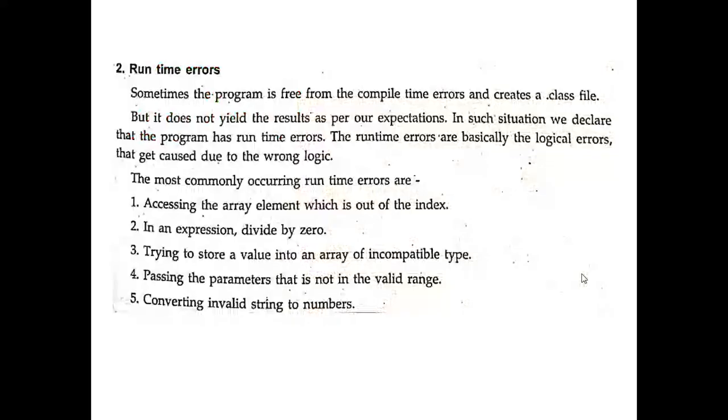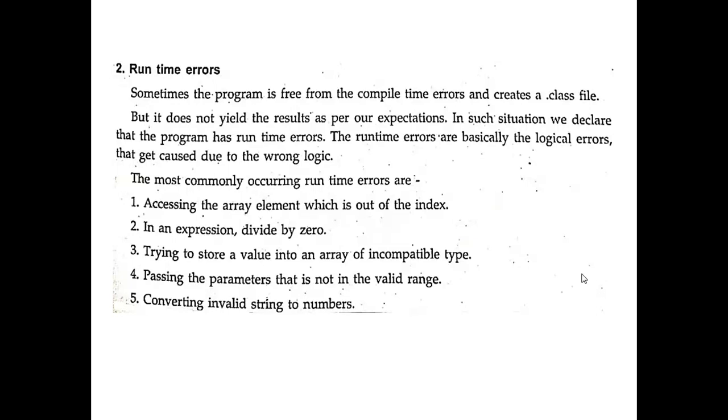Now we'll see the other type, that is runtime error. What is the meaning of runtime error? Sometimes the program is free from compile time errors and creates a class file, but it does not yield the result as per our expectations. In such a situation, we declare that the program has runtime errors. The runtime errors are basically logical errors that are caused due to wrong logic.